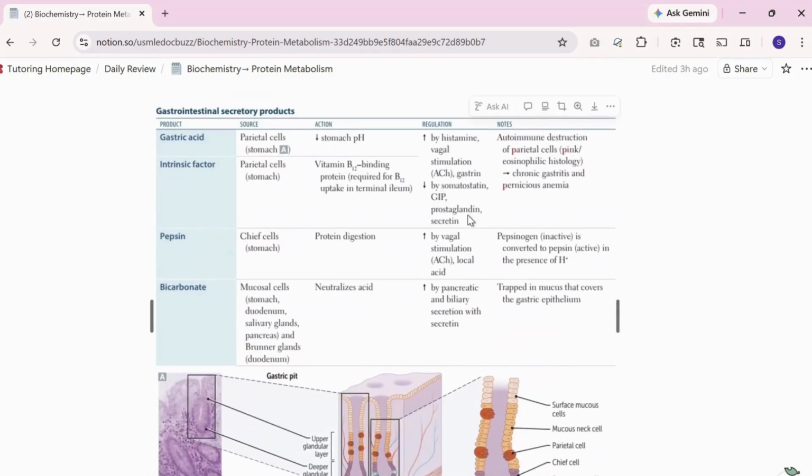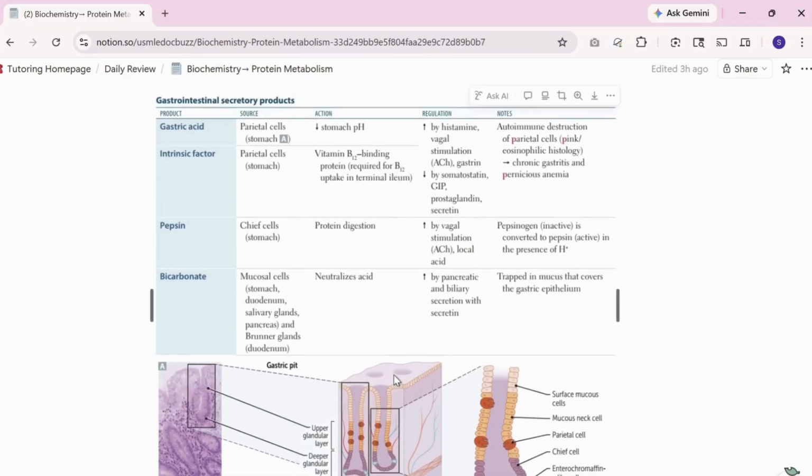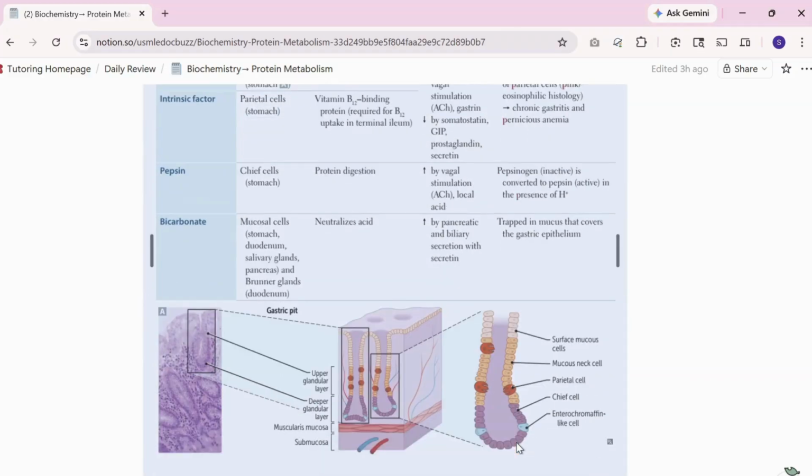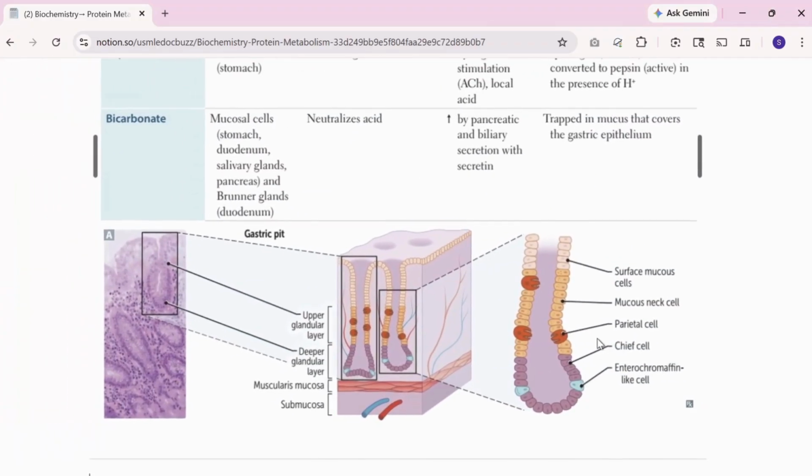Autoimmune destruction of the parietal cells will lead to eosinophilic histology, chronic gastritis, and pernicious anemia. You may see lymphocytes in that histological aspect too, right? And as long as we're here, you see these are the parietal cells, right? Imagine if T lymphocytes were located on just this region, right? It should be apparent that this is meant to be shown as autoimmune gastritis.